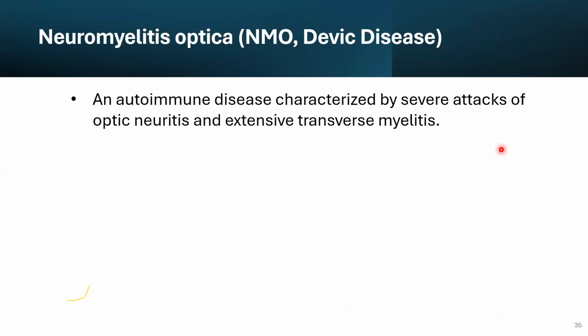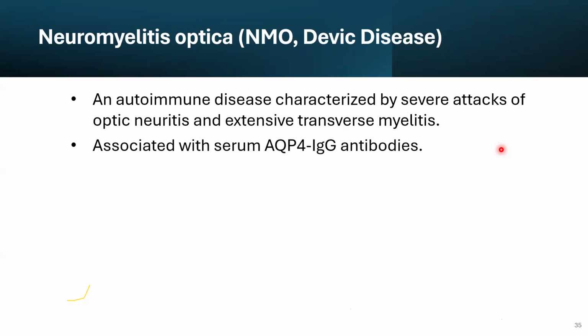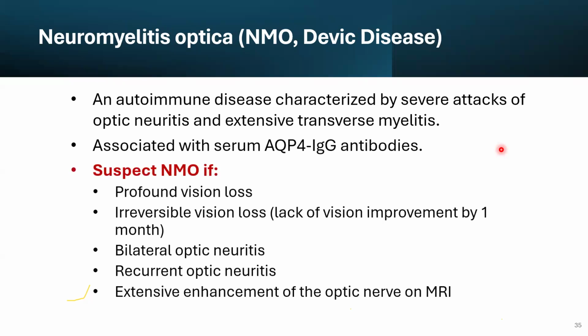Because the MS therapy, or the multiple sclerosis medication, can make the NMO worse. So some physicians are ordering NMO and MOG testing for any patients with optic neuritis to make sure they are not dealing with an NMO or MOG condition, because the treatment of MS can make those conditions worse. It's associated with serum aquaporin-4 IgG antibody.